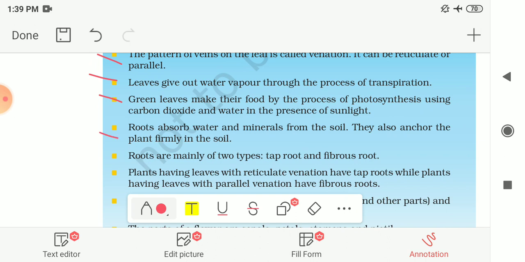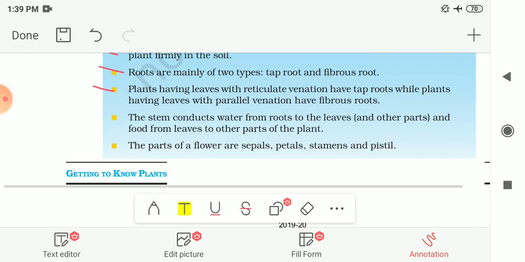Then we had seen about roots, that roots absorb water and minerals from the soil and they also anchor or bind the plant firmly with the soil. Then we had seen types of root. There are mainly two types of roots, taproot and fibrous root. The plants having leaves with reticulate venation have the taproot and the plants having leaves with parallel venation have fibrous roots.